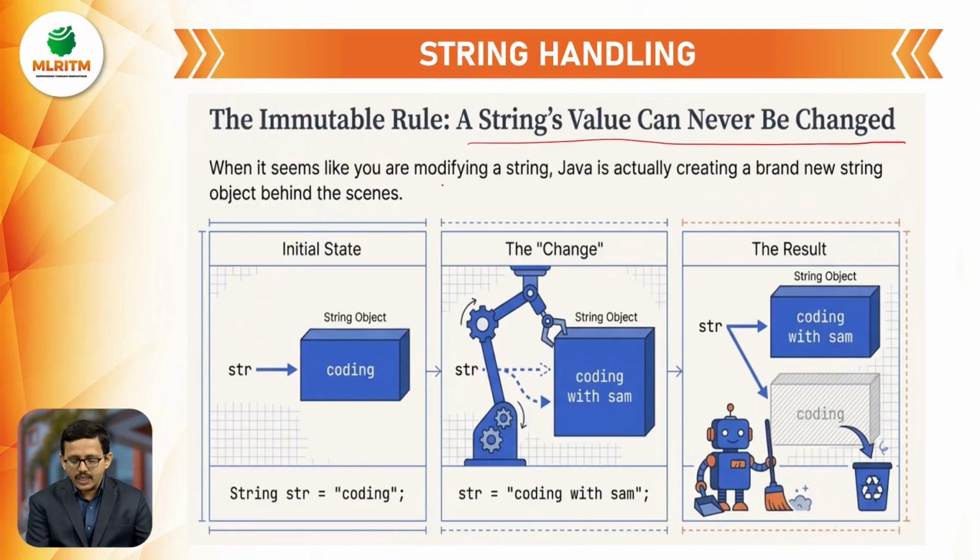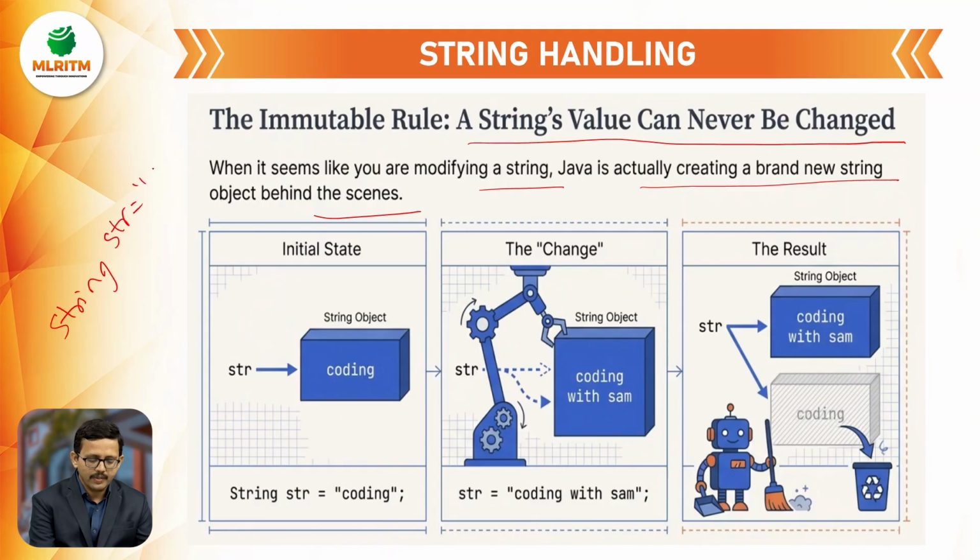When it seems like you are modifying a string, Java is actually creating a brand new string object behind the scenes. You might think it is the same string. Let us say you have created a string str equal to abc. Afterwards, let us say you have added def.